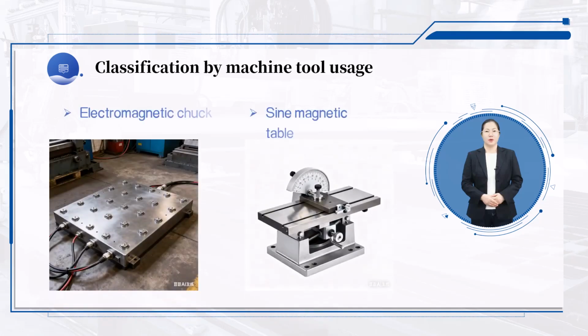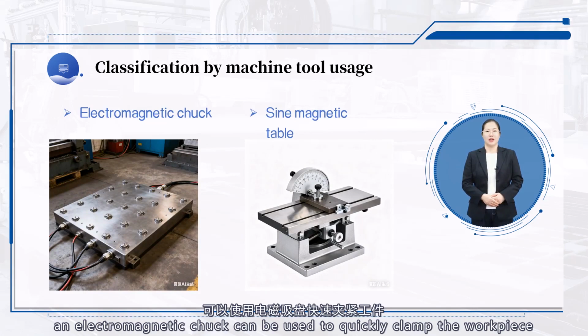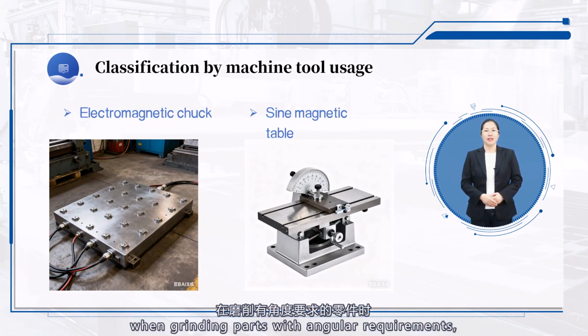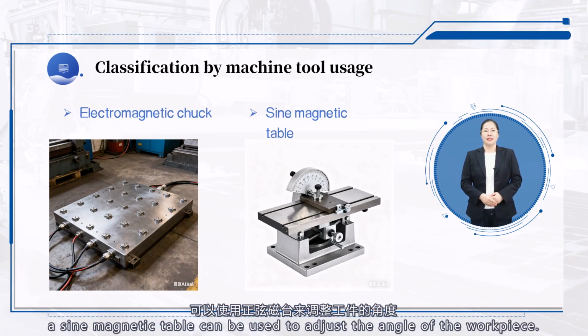For example, when grinding flat surfaces, an electromagnetic chuck can be used to quickly clamp the workpiece. When grinding parts with angular requirements, a sine magnetic table can be used to adjust the angle of the workpiece.